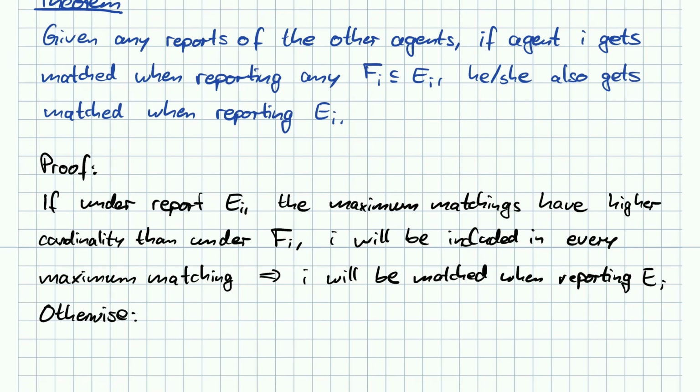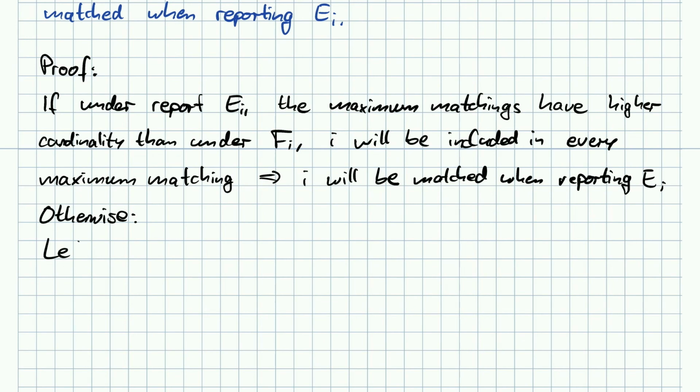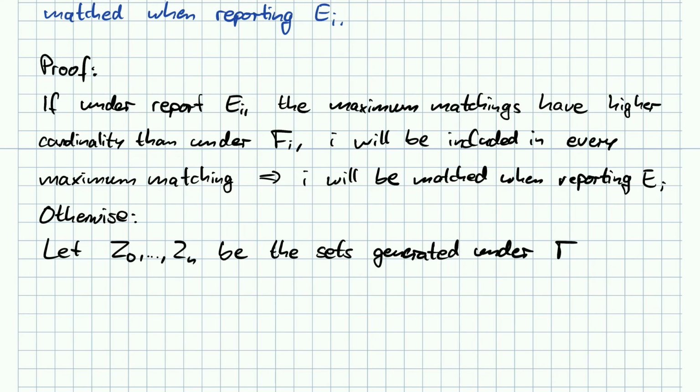In this case, now let Z0 to Zn be the sets generated under report Fi, and Z0 prime to Zn prime be the sets generated under report Ei.